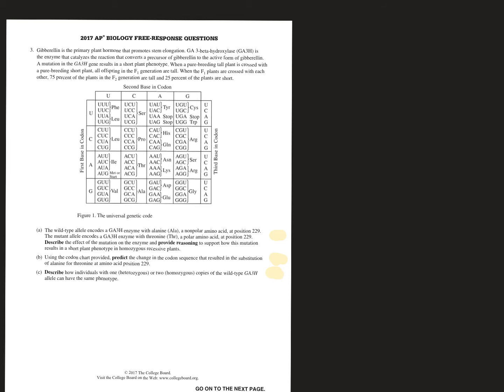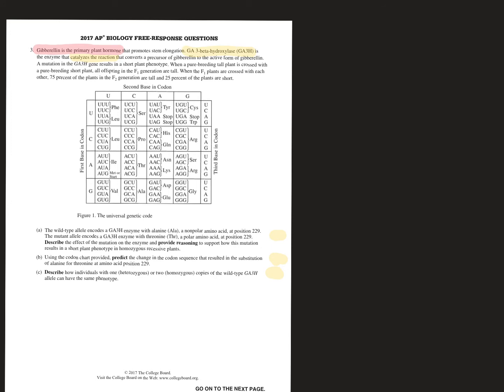Gibberellin is a primary plant hormone that promotes stem elongation. GA3H is an enzyme that catalyzes the reaction, right? So there's a hormone that promotes elongation. There's GA3 beta-hydroxylase that catalyzes that reaction and converts a precursor of gibberellin.